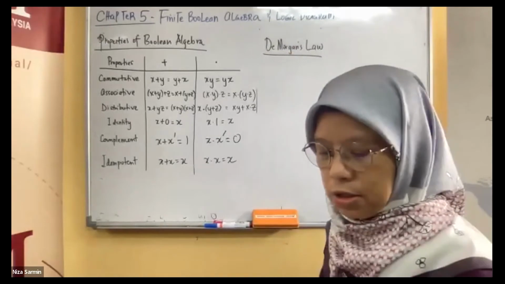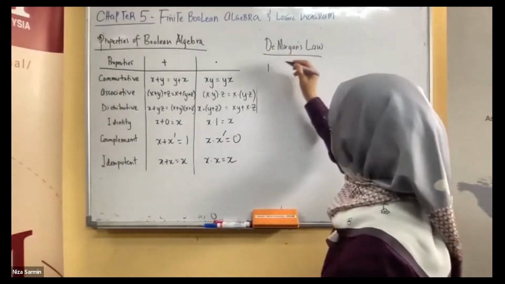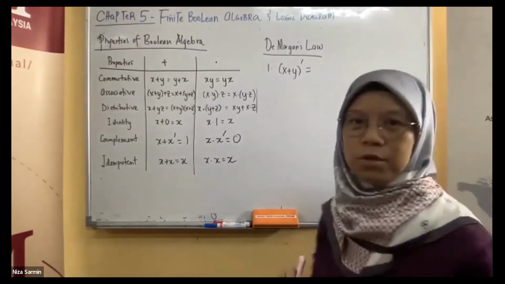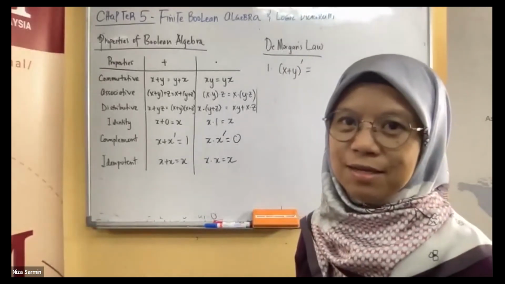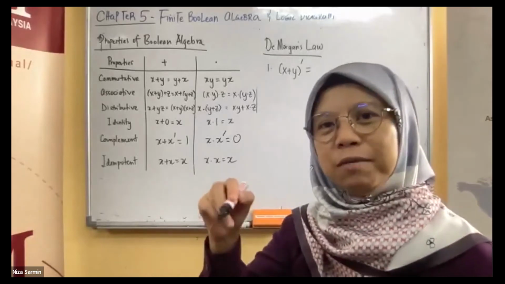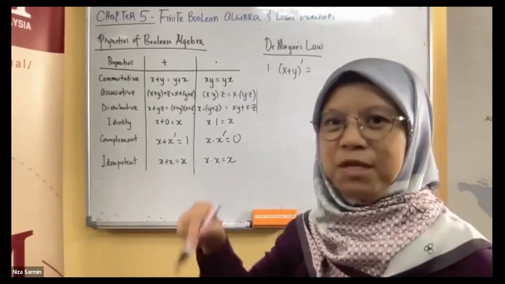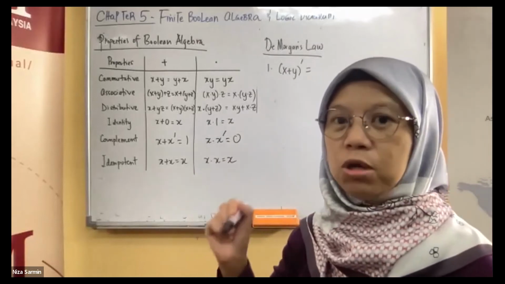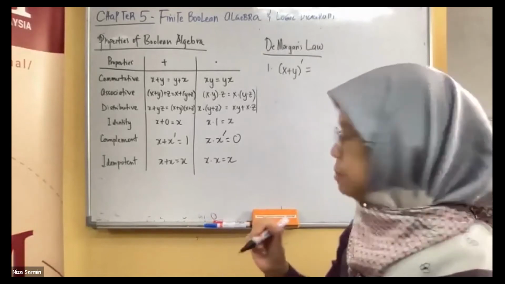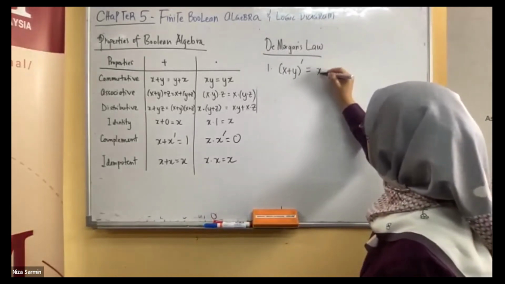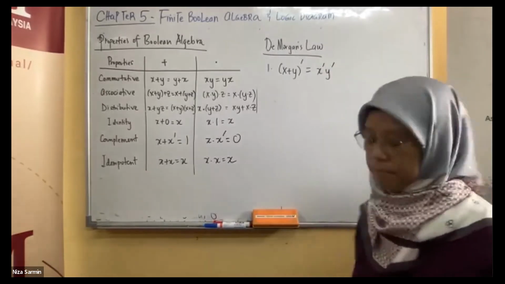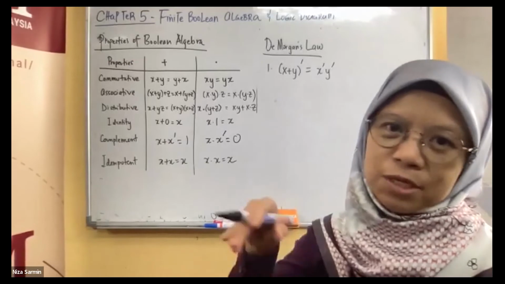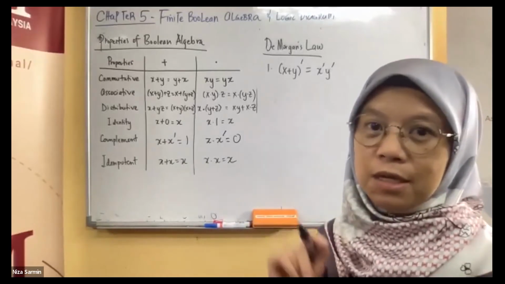You remember De Morgan's law for sets, right? So it's very similar. A union B prime is A prime intersect B prime. So that's De Morgan's law for sets. De Morgan's law for Boolean is x plus y prime is x prime y prime. That is a dot, right? Like the union becomes an intersection, so the plus becomes the dot.